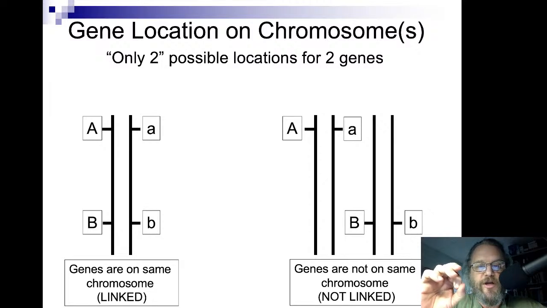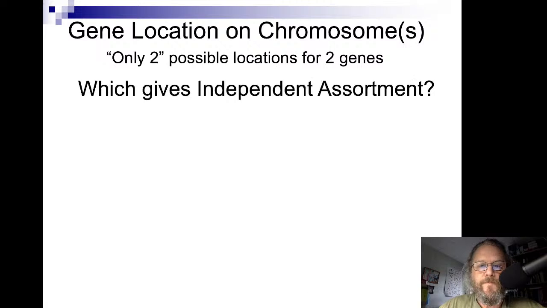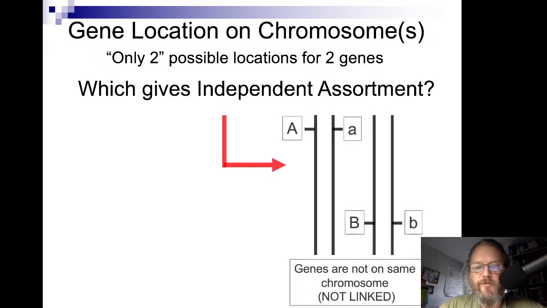And in 50%, of course, what you're talking about is independent assortment. Genes are not on the same chromosome, they're not linked. That's Mendel's rule of independent assortment.